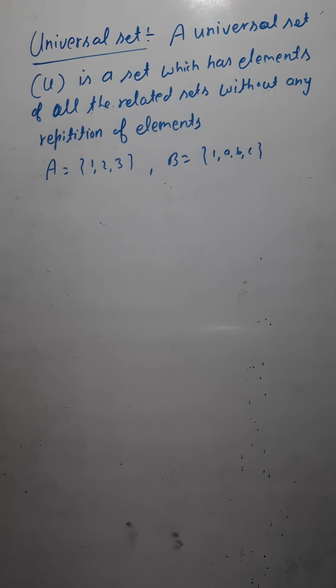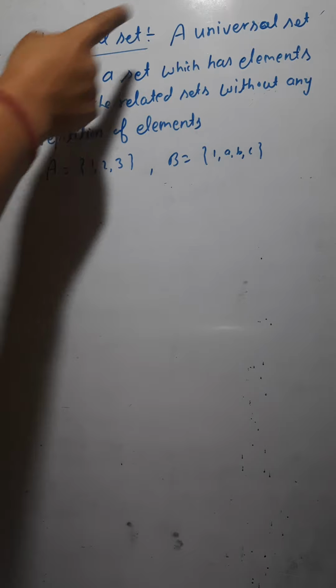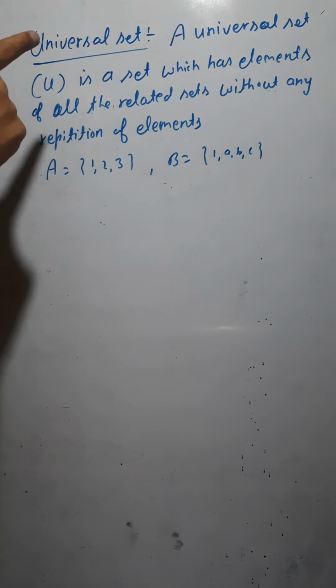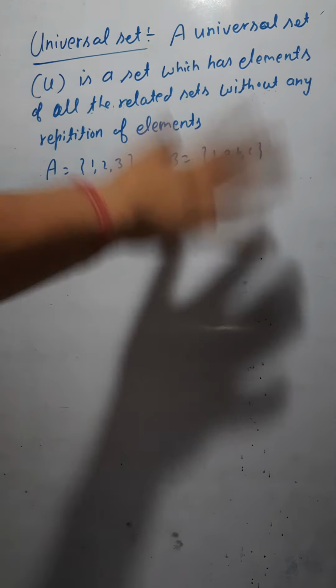And now the last one is the universal set. What is a universal set? We represent the universal set by U. A universal set is a set which has elements of all the related sets without any repetition of elements.